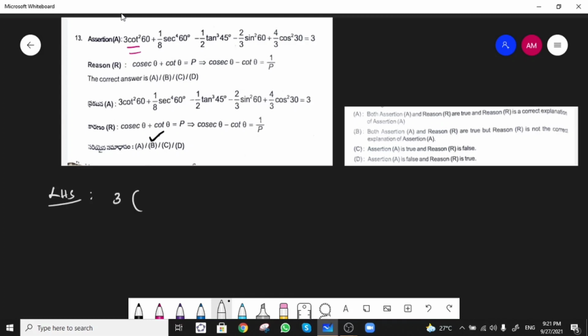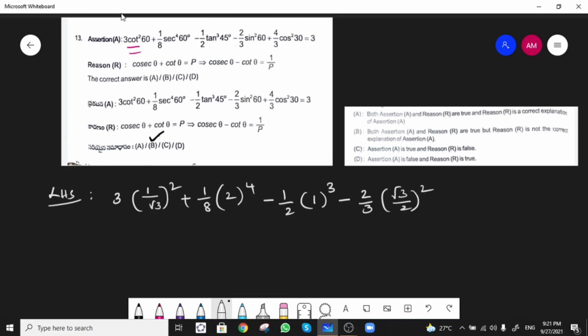We will check whether left hand side is equal to right hand side or not. 3 into, what is cot 60? 1 by root 3. So 1 by root 3 whole square plus 1 by 8. What is secant 60? It's 2. So 2 power 4 minus 1 by 2 into tan 45 is 1 whole cube minus 2 by 3 into sine 60. Sine 60 is root 3 by 2, we have square there, plus 4 by 3 into, what is cos 30?